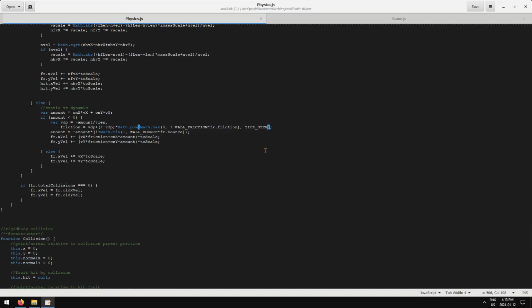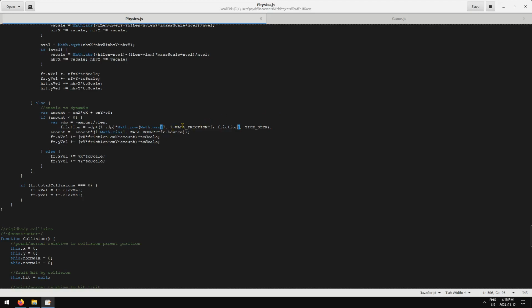If you think about this, if it's 0 delta time, it's 1, there's no change. If it's 1 second, then it applies the full multiplication, so you can think of this as representing your friction as how much it multiplies over 1 second.